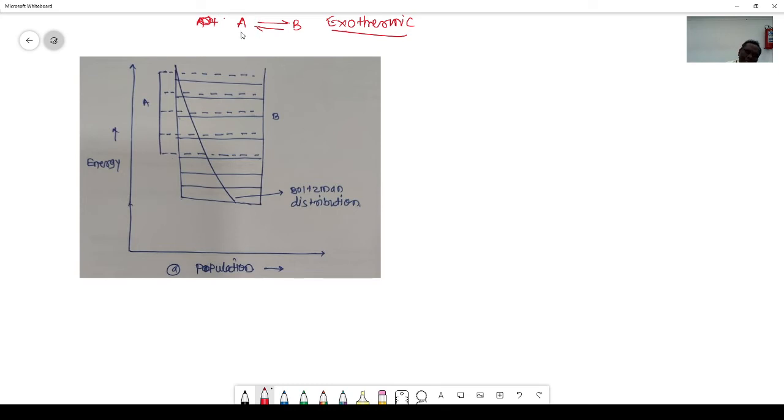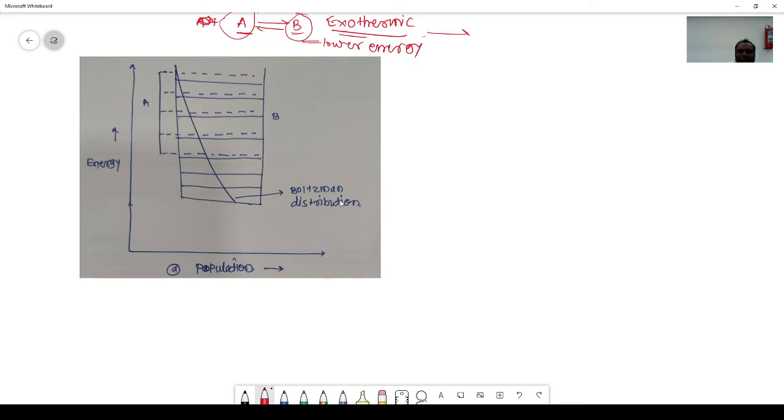So if we consider the reaction A gives B, and this reaction is exothermic. What is an exothermic reaction? The reaction in which heat is evolved, and the product has lower energy than the reactant, therefore it favors the product side.